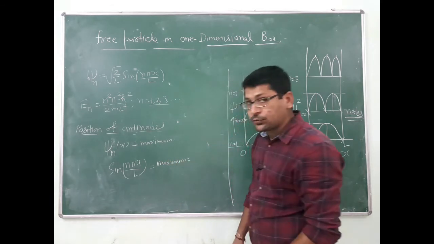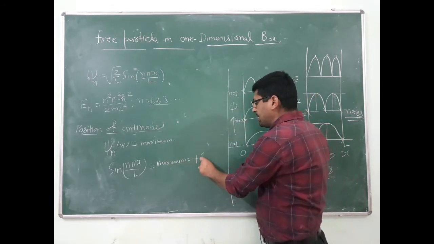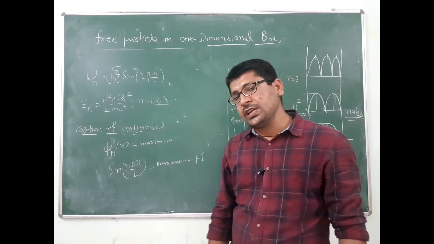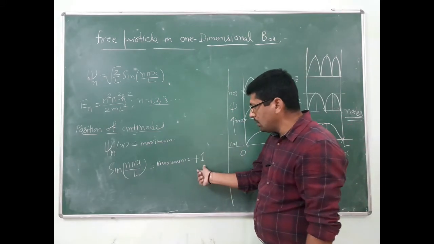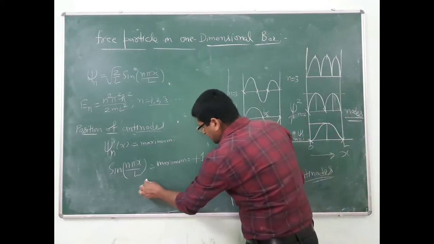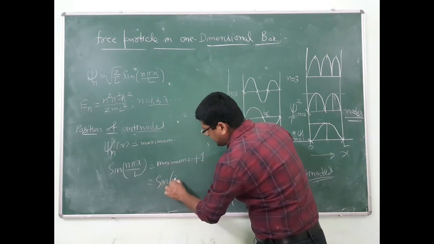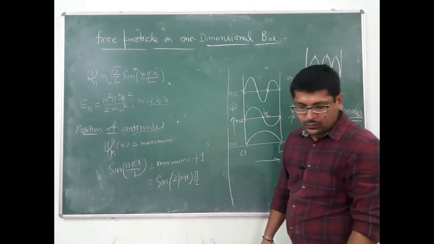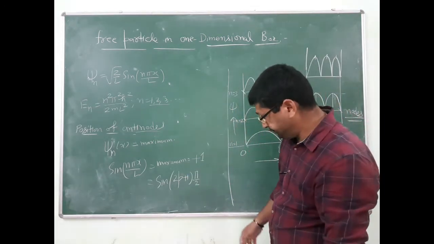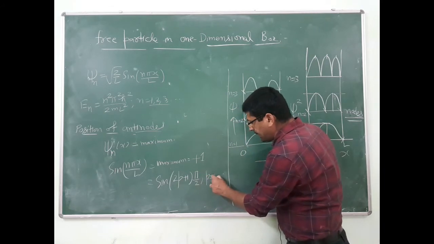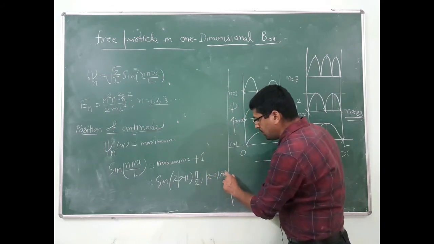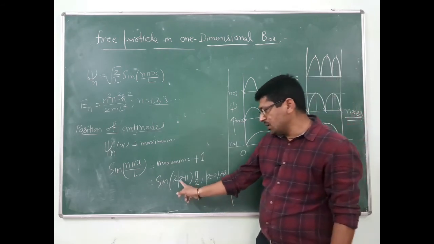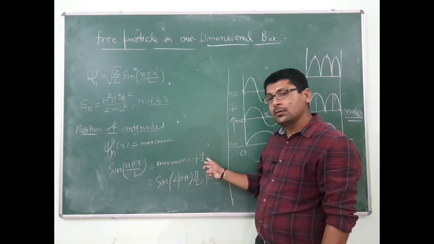And what is the maximum value of the sine function? We already know, it is plus 1. So how can we write this plus 1? The argument of the sine function can be written like this: (2p plus 1) pi by 2, where p again varies from 0, 1, 2, 3 and so on. For p is equal to 0, this will become sin pi by 2, and sin pi by 2 is 1.